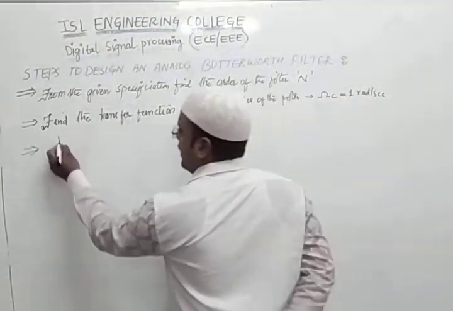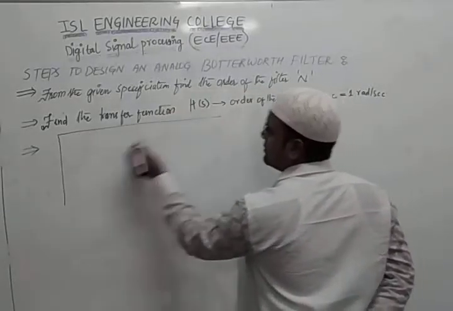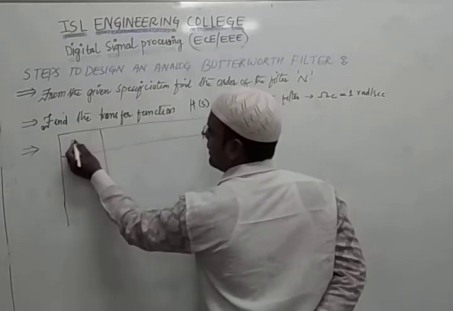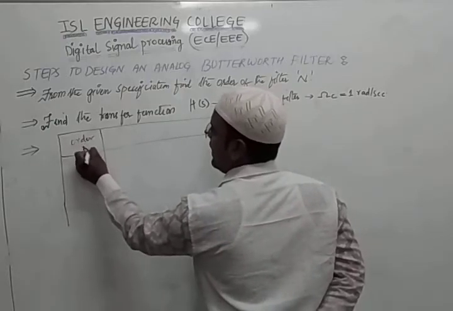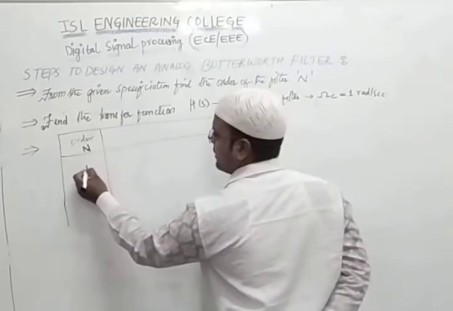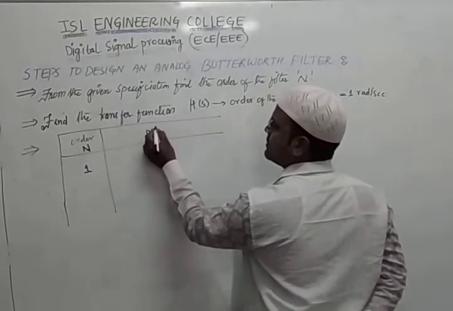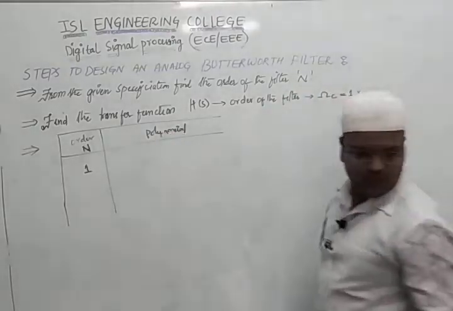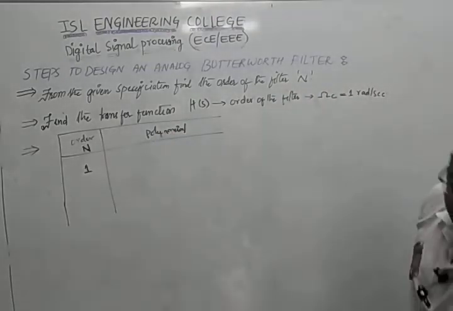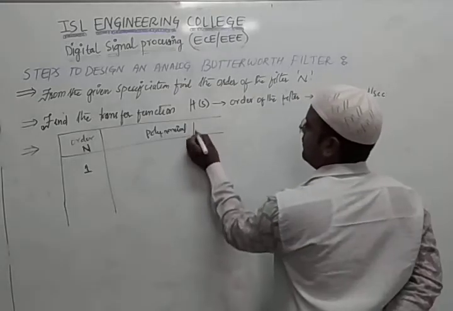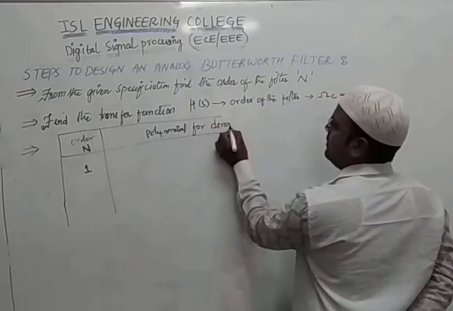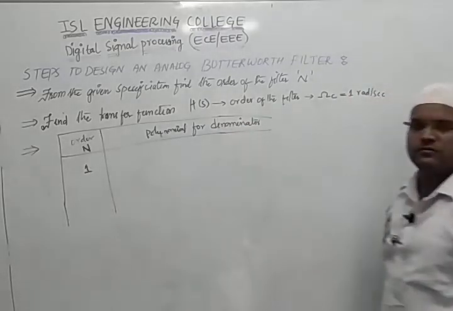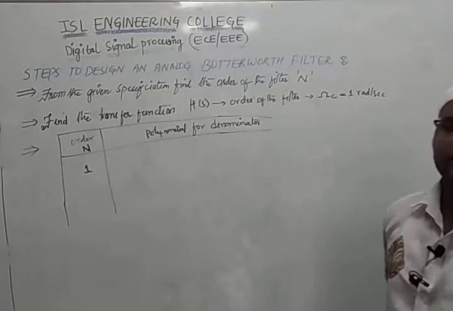So I am using different polynomials for different orders. Suppose you are getting the order n. If you get first order, what is the polynomial?